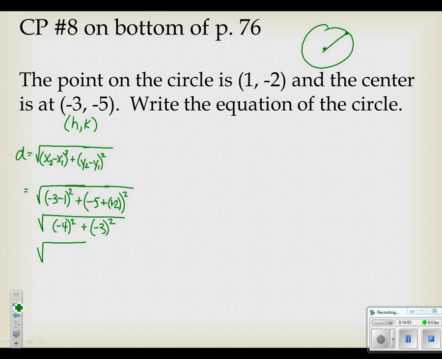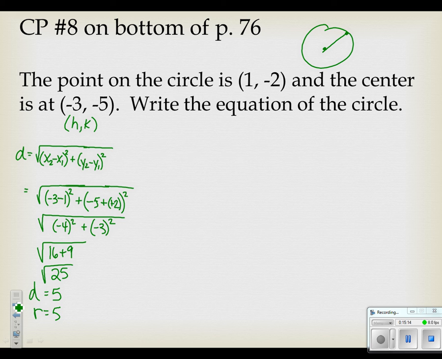So we end up with the square root of 16 plus 9, which is the square root of 25, which is actually a nice one. So the distance between those two points is 5, so that means our radius is 5. Now we have everything that we need in order to come up with the equation of our circle.